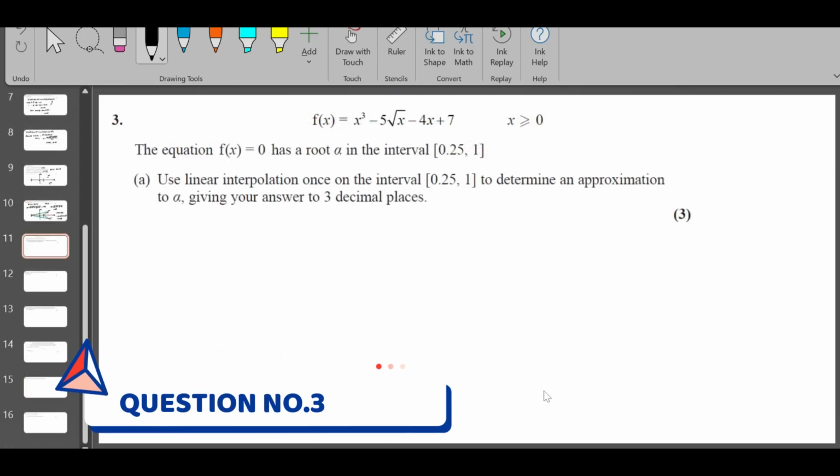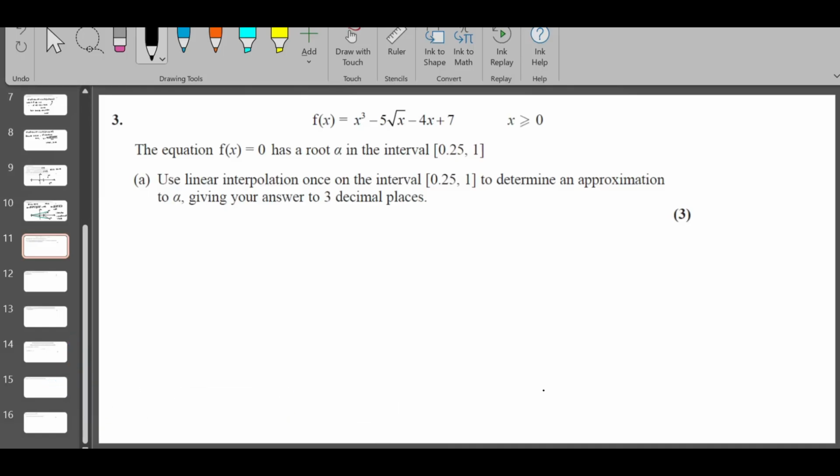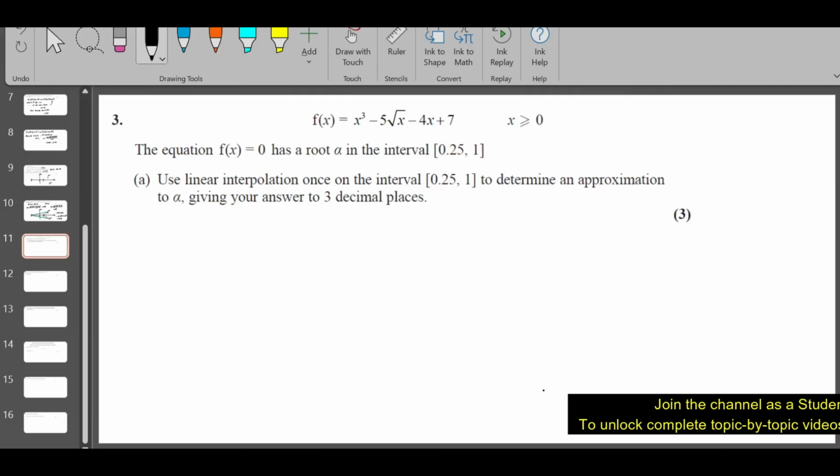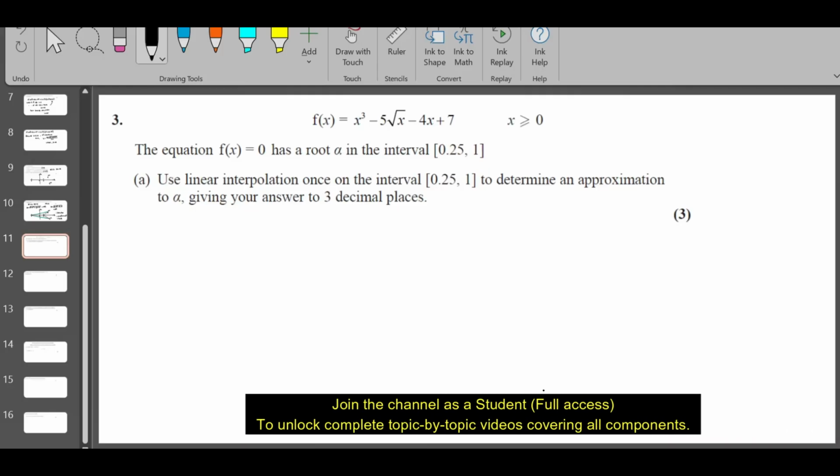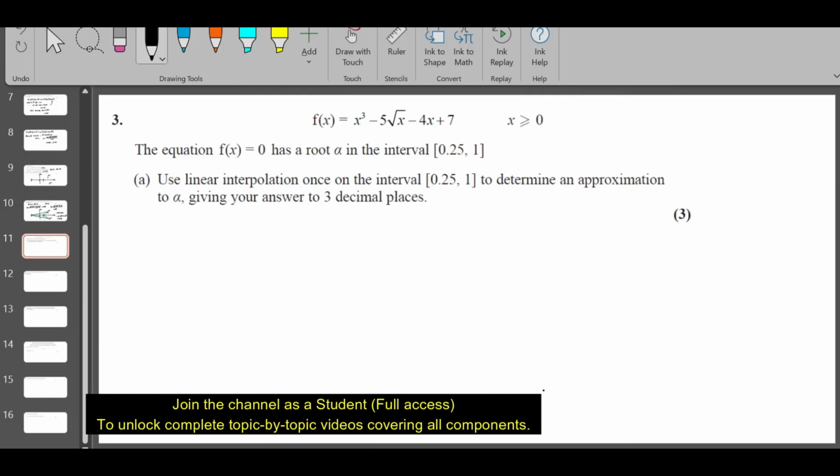Question number 3. We have f of x given. The function f of x equals 0 has a root alpha in the interval 0.25 and 1. Use linear interpolation once on this interval to determine an approximation to alpha.